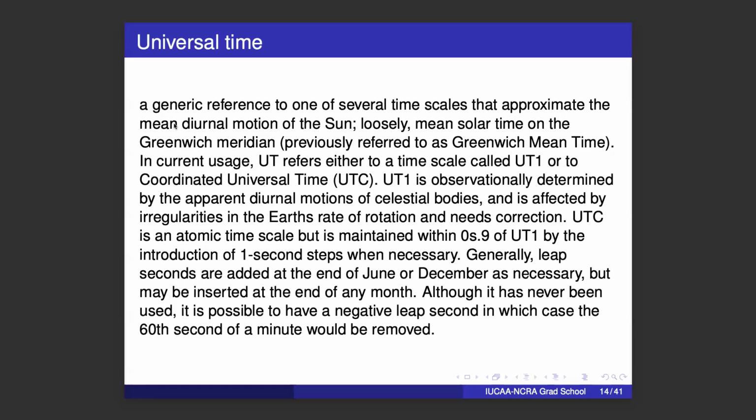Generally leap seconds are added at the end of June or December, or occasionally at the end of any month. It is possible to have a negative leap second also, which means you just don't count 1 second. That last minute will have 59 seconds, and then the next minute starts.